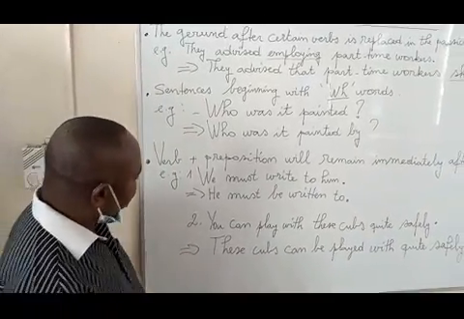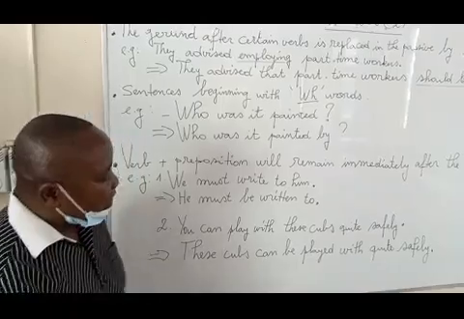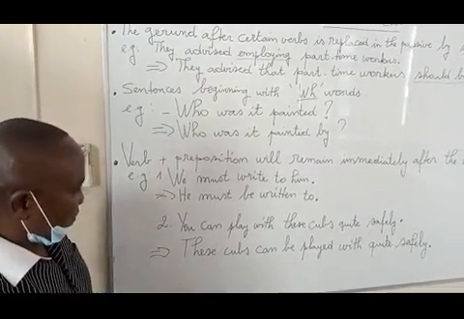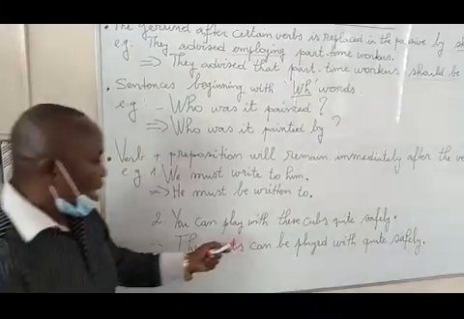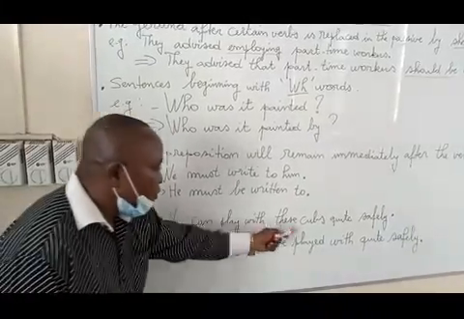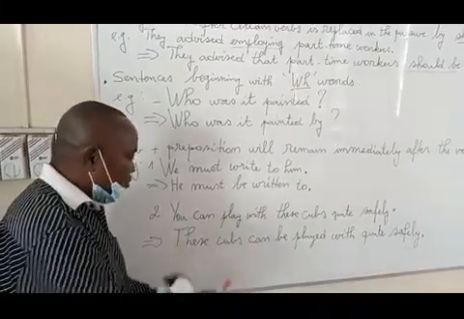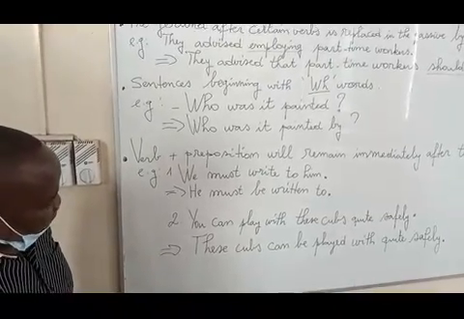Now, for example 2, here I have, you can play with this card quite safely. Note that this is what we call our object. So I start with that: the object becomes the subject in the passive voice.